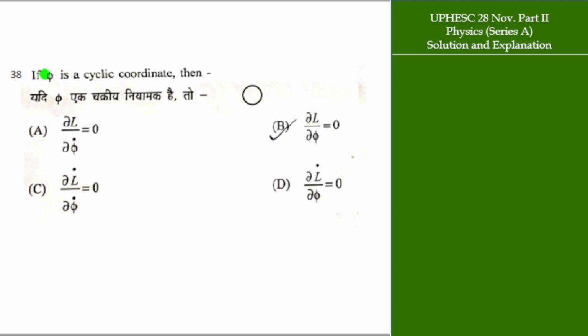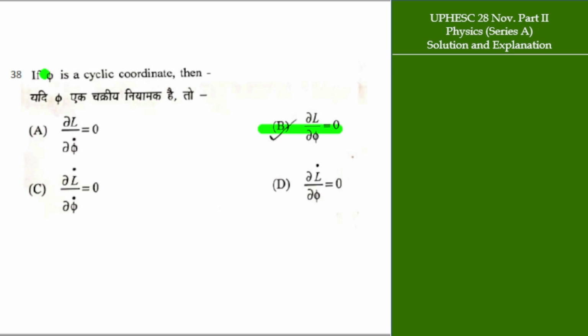It is also a direct question, and it is based on the Lagrangian. So if you differentiate the Lagrangian with respect to the coordinate, and you get the value equal to 0, then the coordinate is said to be a cyclic coordinate. So the correct option for this one is option B.